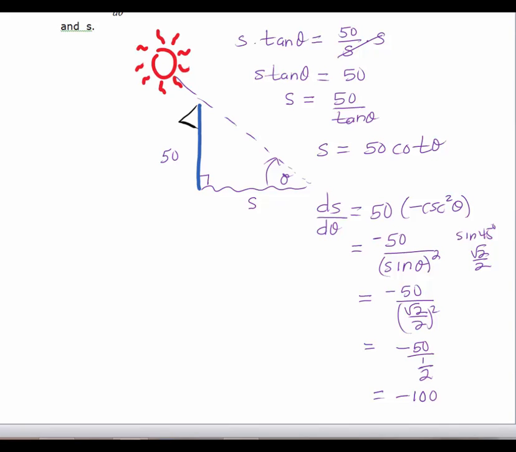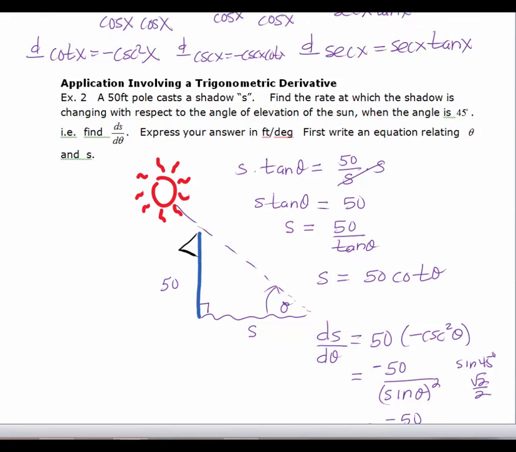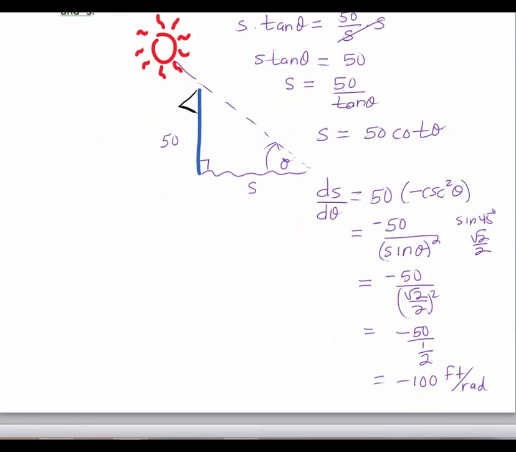It's going to be the rate of change of the shadow with respect to the angle. The shadow is in feet, and the derivative is only defined for radians, so this is in feet per radian, that negative 100. Now the problem asks us to leave our answer in feet per degree, so I need to convert my answer.